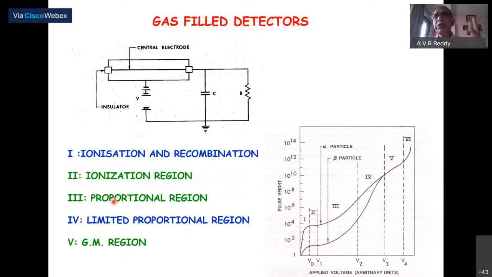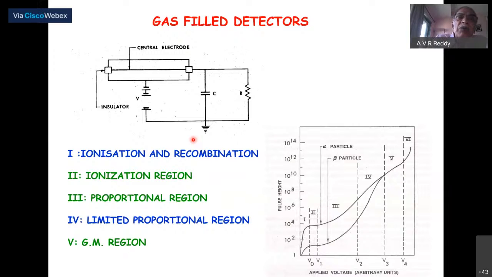All three types of detectors I gave in the earlier table, ionization chambers, proportional counters, and GM counters, can be understood in principle from this simple graph. They are based on very similar explanation, but there is a variation.